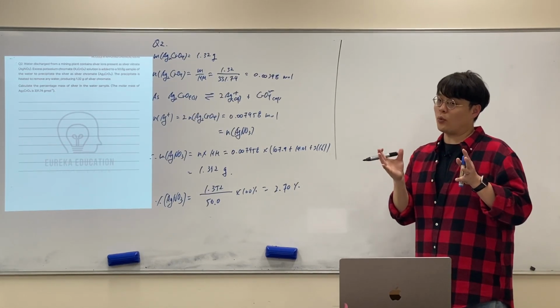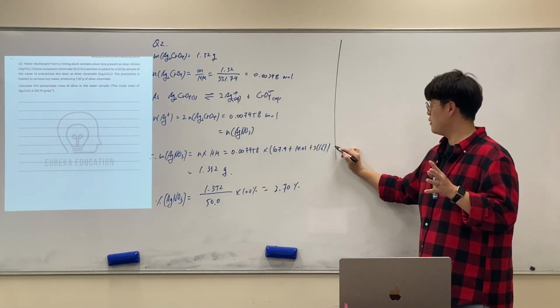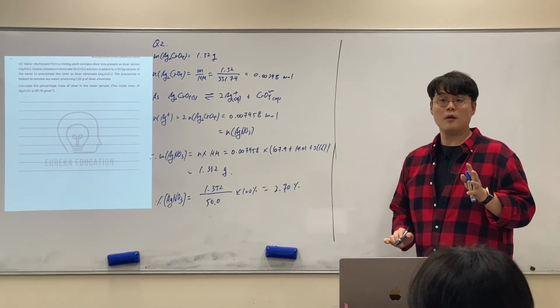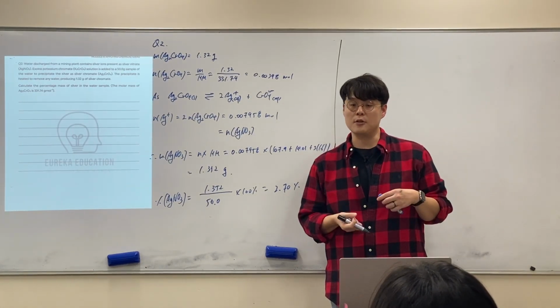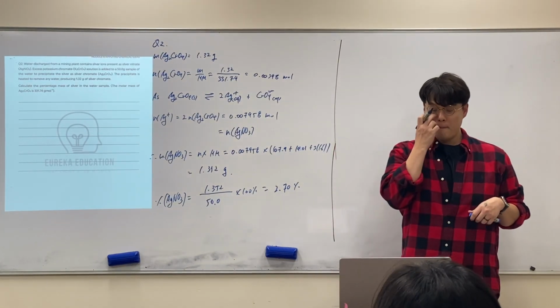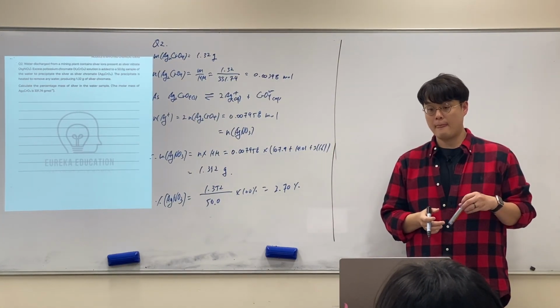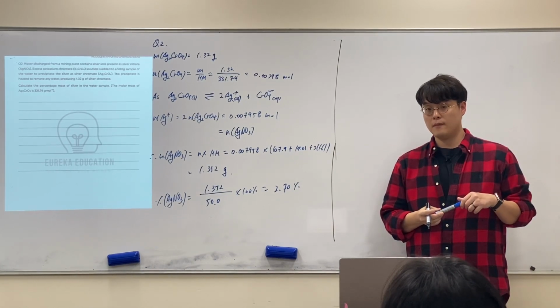You're given a sample of water. What's the aim? What is the aim of the experiment or this investigation? It's kind of like that silver titration. Chromate? No, not yet.